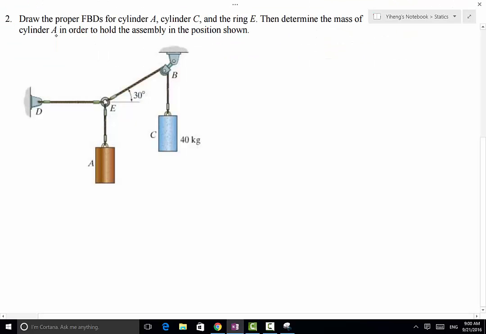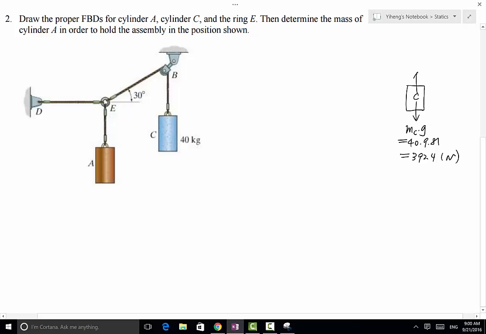So because we know the mass of cylinder C, let's start with the free body diagram of cylinder C. I'm going to actually draw it here so that it corresponds to the position of C. So it's subjected to the weight force, which is mc times g, g being the gravitational acceleration, which is 40 times 9.81, and that is 392.4 in the unit of Newton.